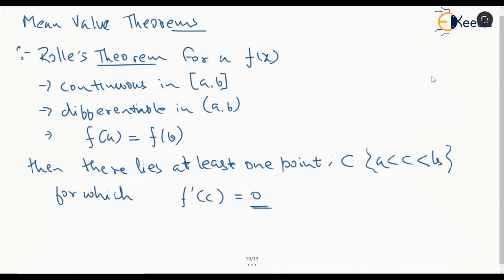So for a function f of x, the function needs to be continuous in the closed interval, differentiable in the open interval, and the function value at the endpoints a and b are equal. Then there lies at least one point. So there can be more than one point also, and this point lies between this range a and b. So there lies at least one point c for which the derivative at that point is equal to 0. So this is Rolle's theorem.